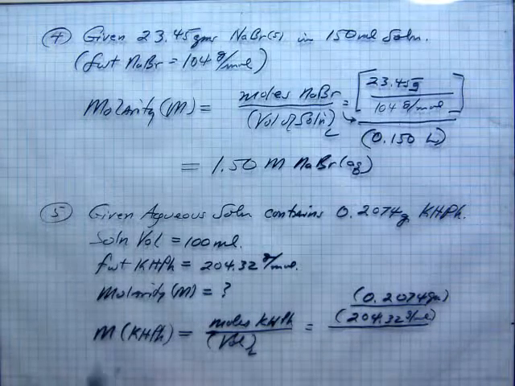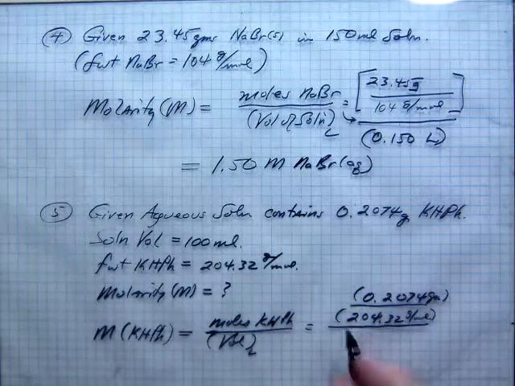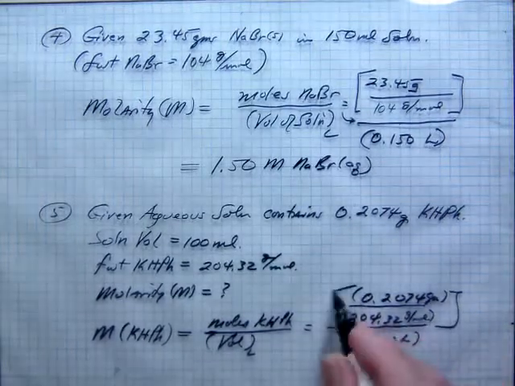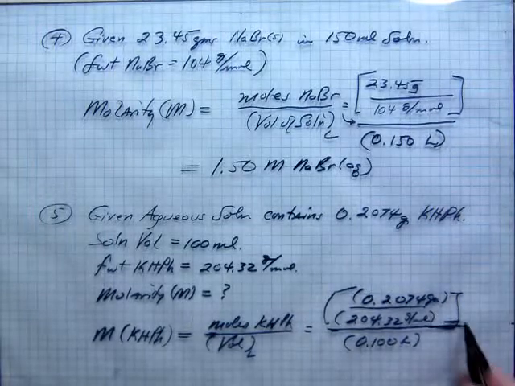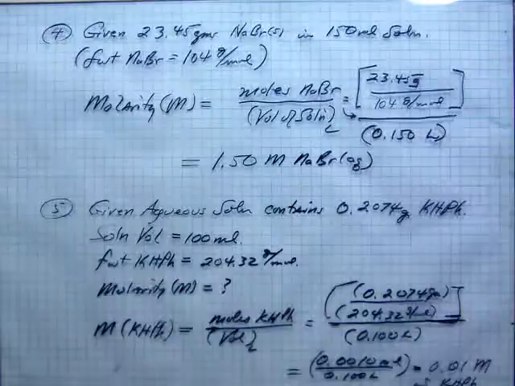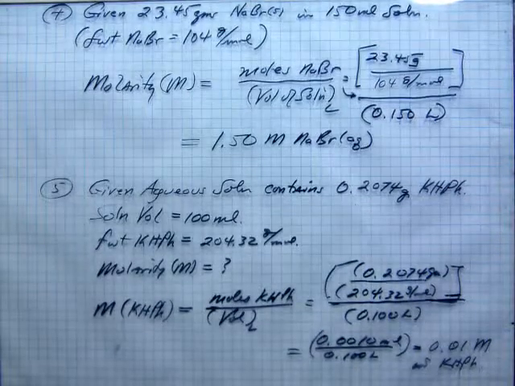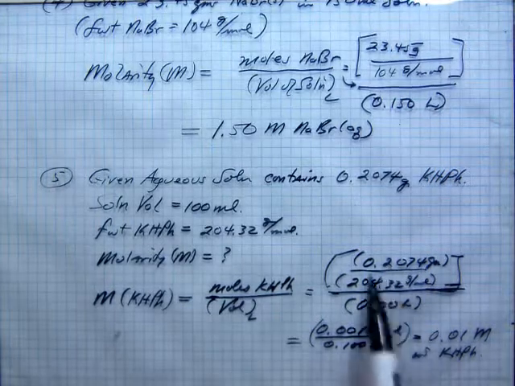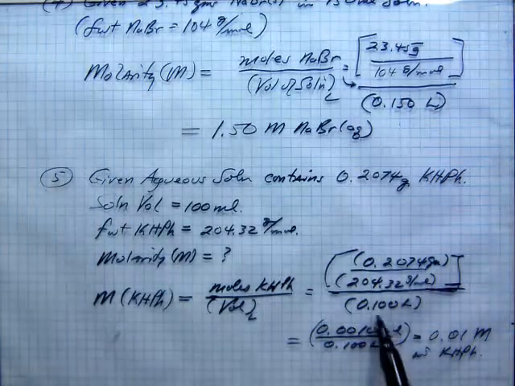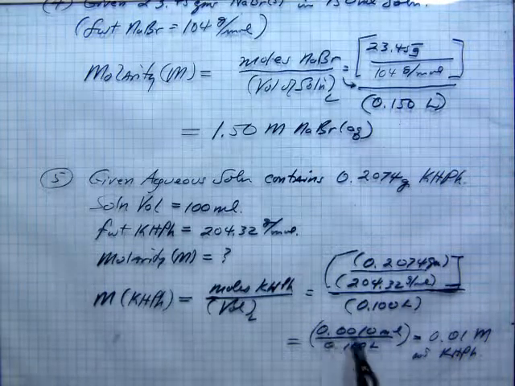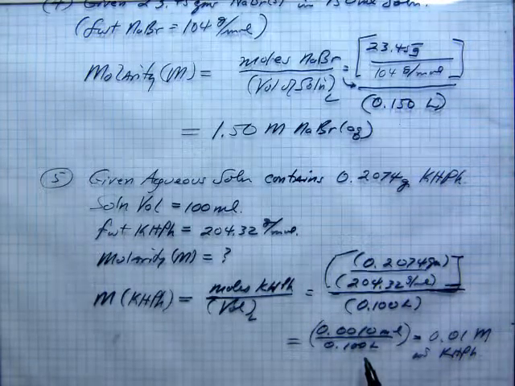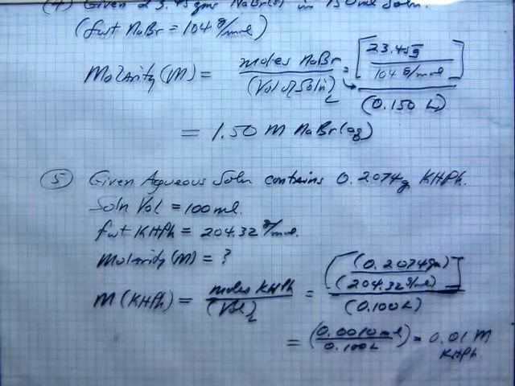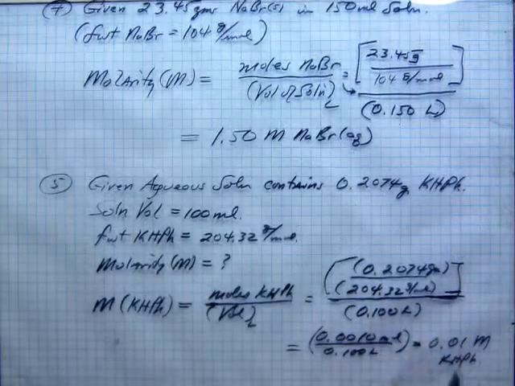And that's going to be divided by 100 mils of water, in liters 0.100 liters. I'll bracket this off as the numerator so it sticks out a little better. So, setting it up, this is your conversion to moles divided by volume, and it came out 0.0010 mole per 0.100 liters, and that's 0.01 molar in KHPH.